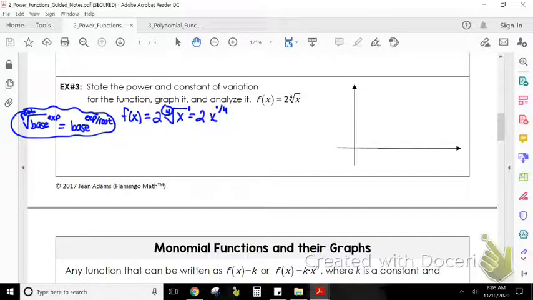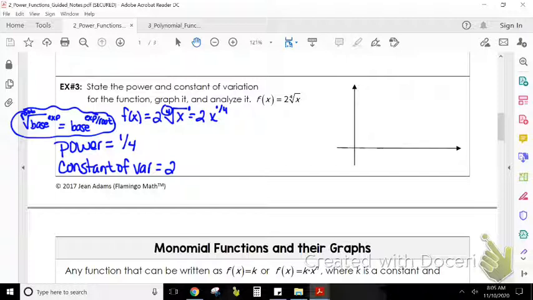All right, so now we know our power is 1/4, and our constant of variation is going to be the 2. All right, so we're going to graph this and look at it. We're going to see it looks something like this.